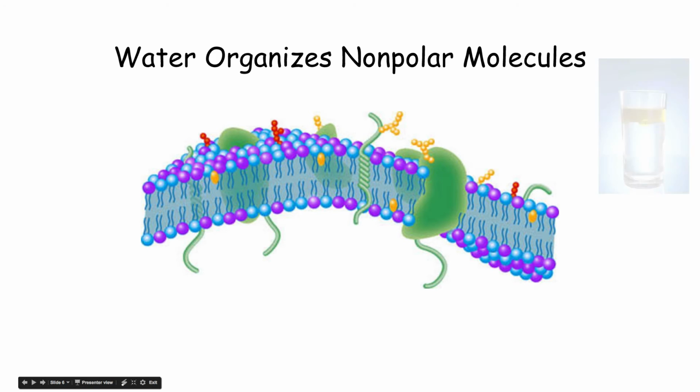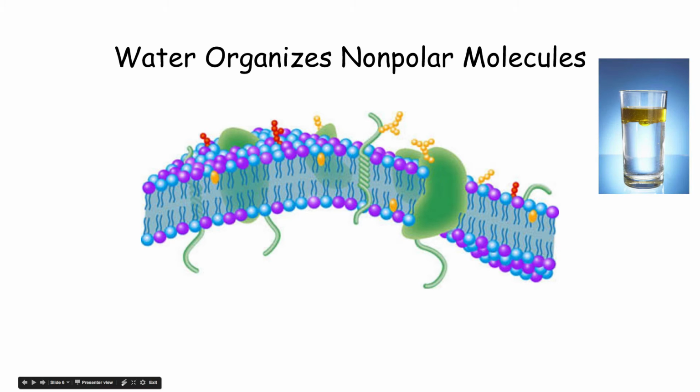Well, just like when you put oil with water, they can't mix. So basically, because of the different properties in the cell membrane, and because water is polar, it forces these non-polar parts to avoid the watery outside and inside of the cell, forming that beautiful layer around your cell, separating the inside of your cell from the outside of your cell.